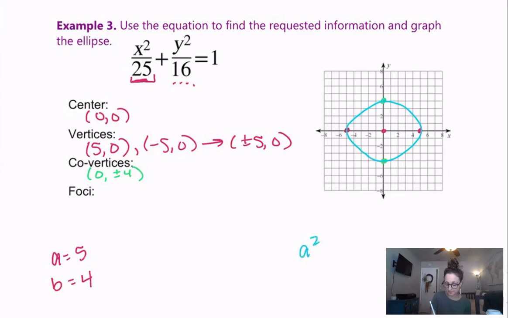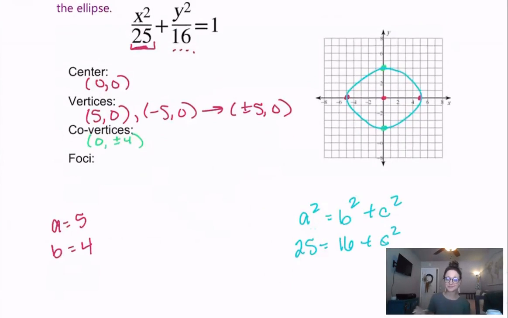Now my foci, how do we find the foci? We need that Pythagorean relation of a squared equals b squared plus c squared. A squared was 25, b squared was 16. I'm trying to find c squared. So, 25 minus 16 is going to be 9. 3, 4, 5.